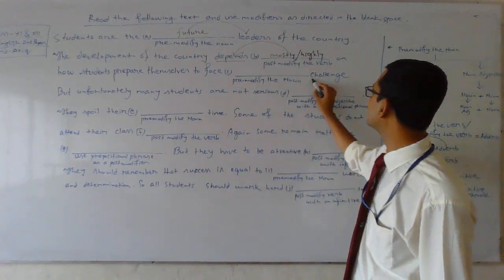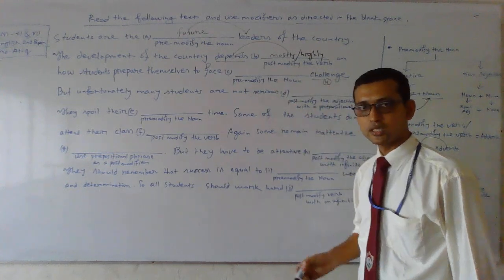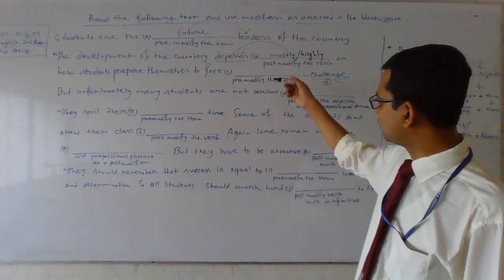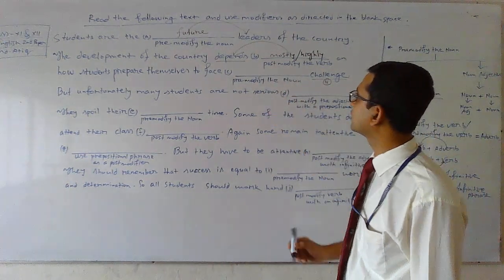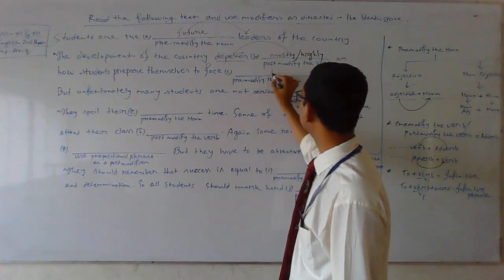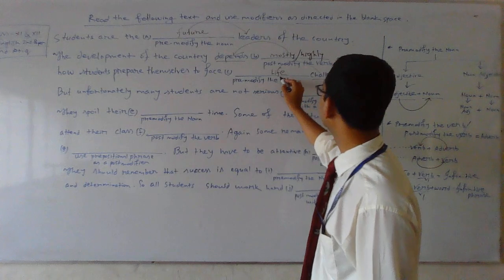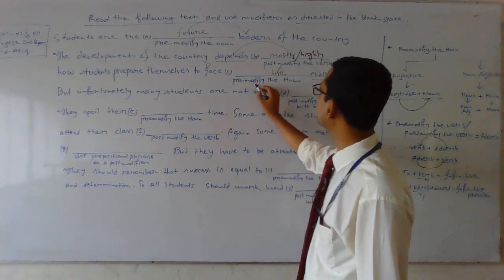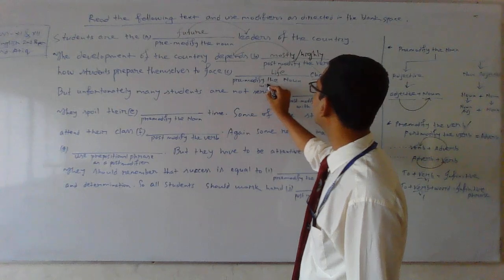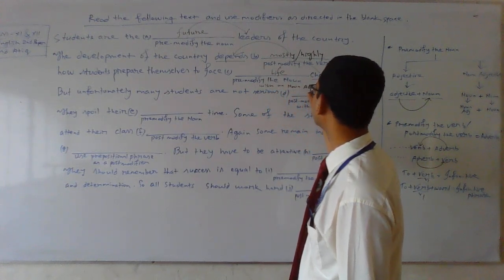How students prepare themselves to face, pre-modify the noun. Here, challenge. This is the noun. Okay. Just before the noun, what thing can we take here as a pre-modifier? Okay, life challenge. If we take life, got the point? And this is also another noun. Pre-modify the noun with a noun adjective.